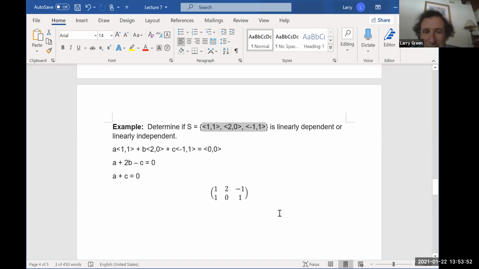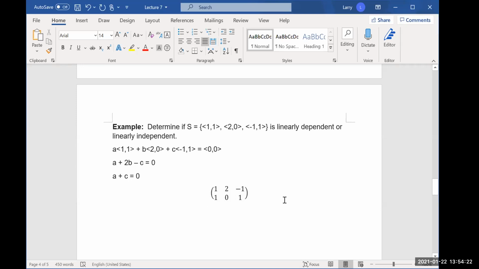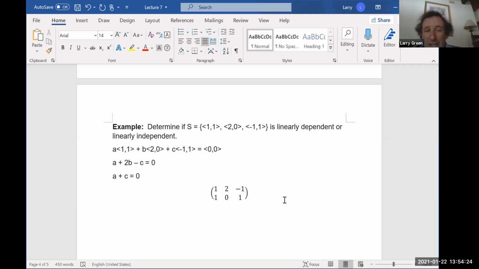You see? And notice there's nothing special about the numbers. If I made this first number a 7, then this first one would be a 7. So this is always going to work: if you ever need to decide whether a collection of vectors is linearly independent or dependent, you write down the matrix whose columns are those vectors. That makes so much more sense. Now you see why I read the columns instead of the rows?